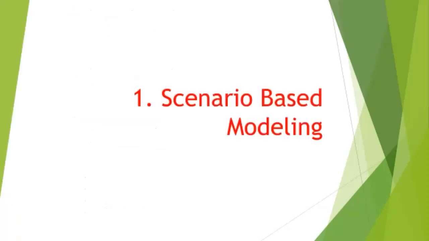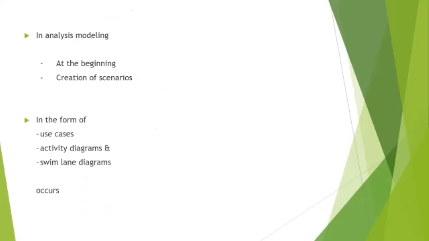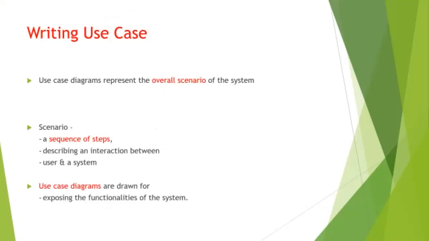First one is scenario-based modeling. In that modeling, the analysis modeling begins with the creation of scenarios. In the form of use cases, activity diagrams, and swim lane diagrams, it occurs. How to write a use case diagram?